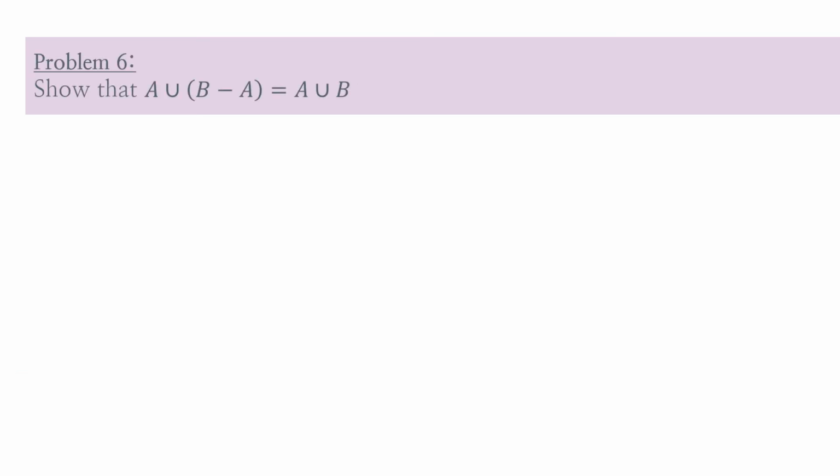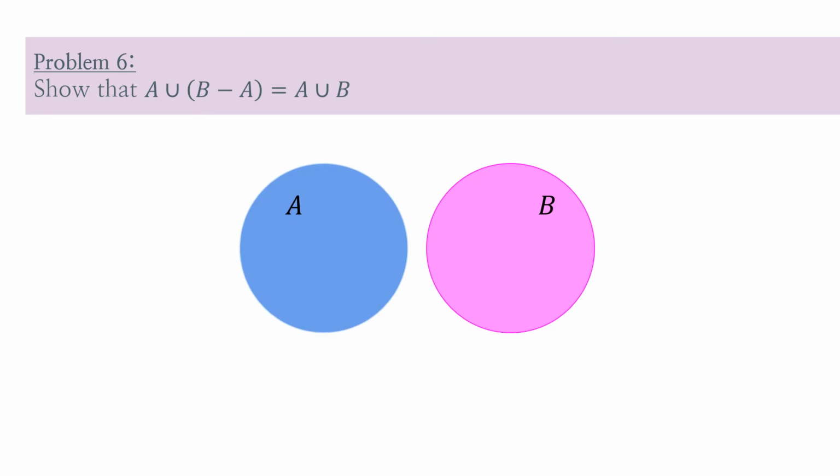Required to show that A union B minus A is equal to A intersection B. We will show this using Venn diagrams. Suppose we represent the set A using blue color and set B using pink color.